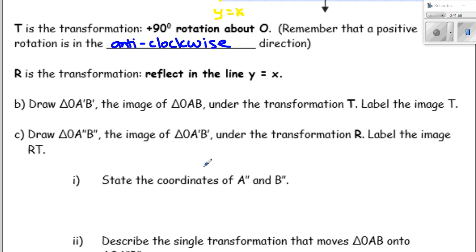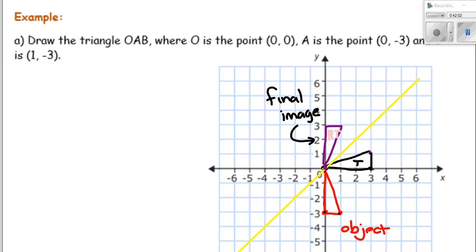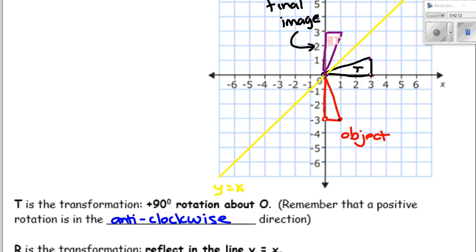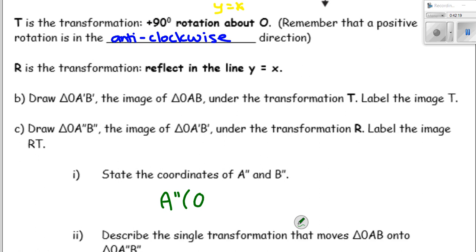State the coordinates of A'' and B''. So which one is A''? Let's see, which one was A? A was this little point here, and then it became A' there, and then it became A'' up here. So it's (0, 3). So A'' is (0, 3).